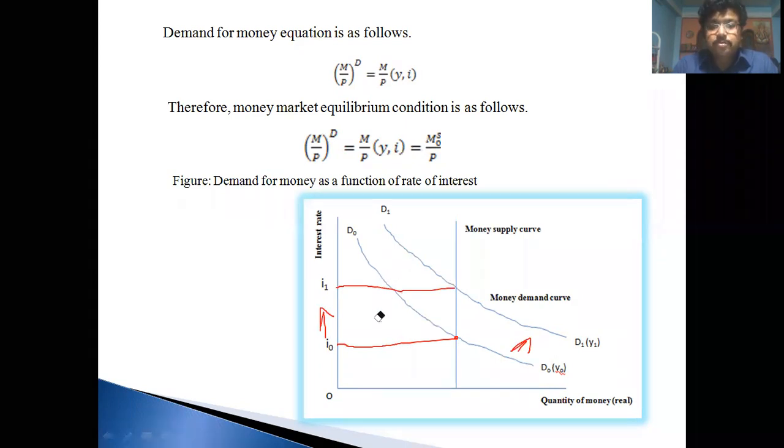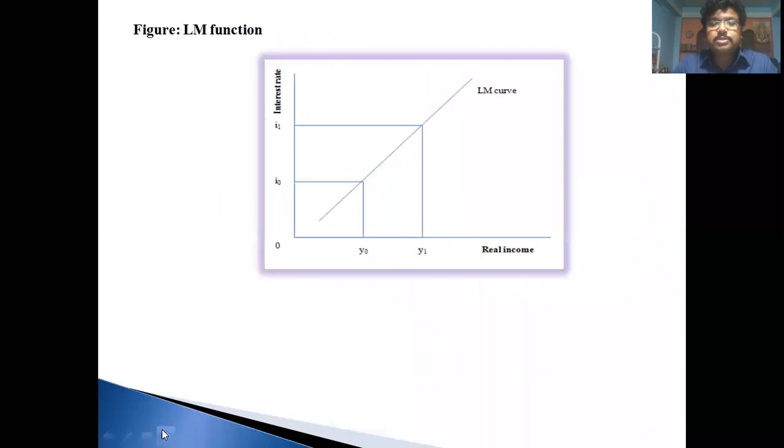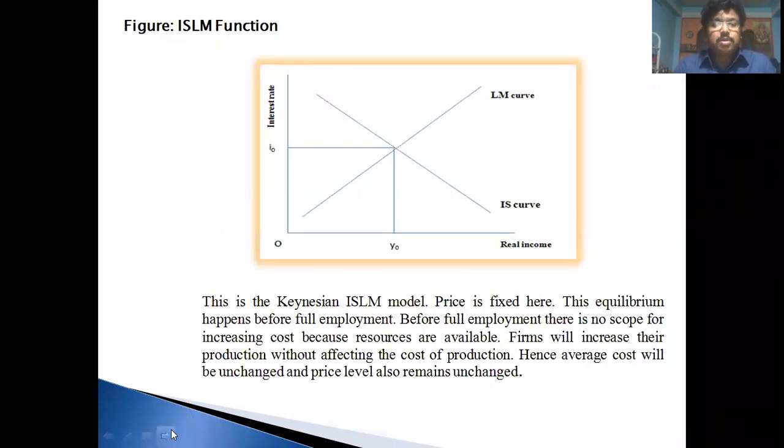Now, this is the LM curve. We have found this type of LM curve on the basis of our previous slide. So in the next slide, look, in this diagram, we get the equilibrium in both the markets, in the goods market as well as in the money market.